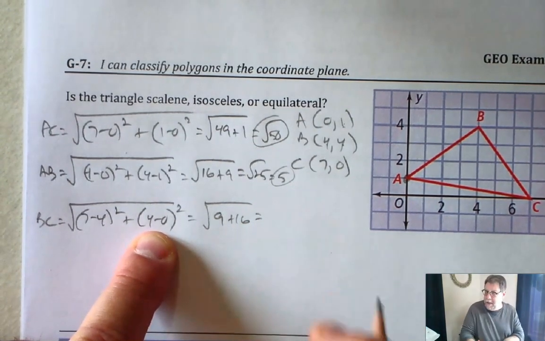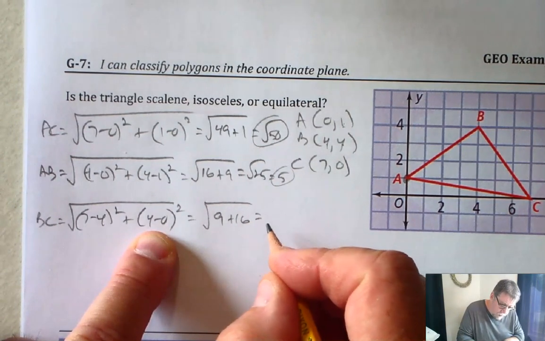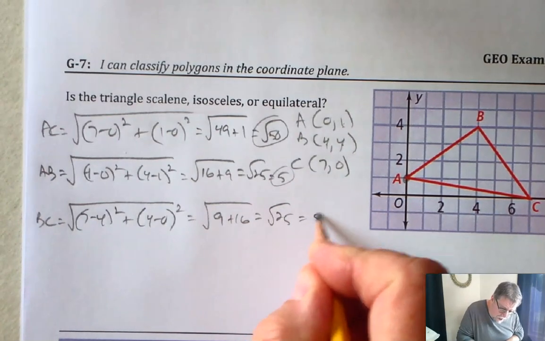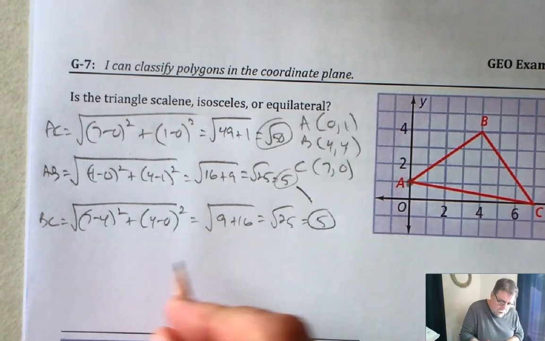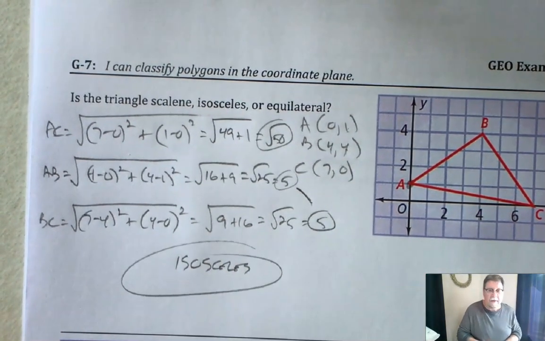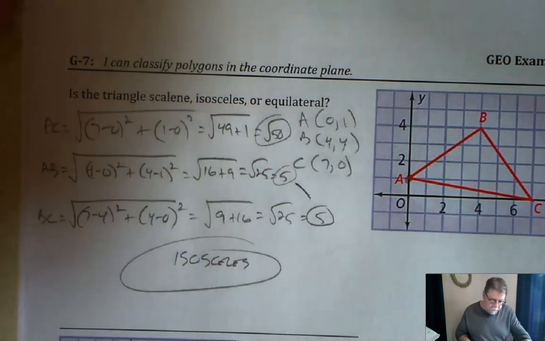That is going to be the square root of 25. And that's going to be 5. And since two measurements are congruent, we have an isosceles triangle. So there's that one. And we did that by using the distance formula.